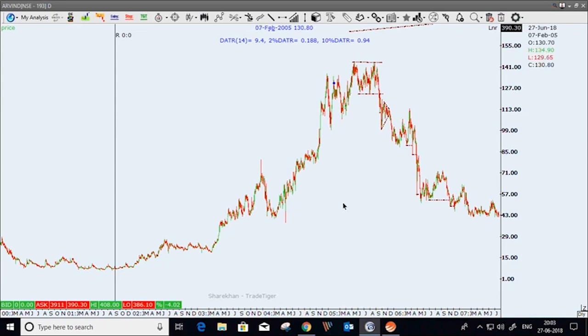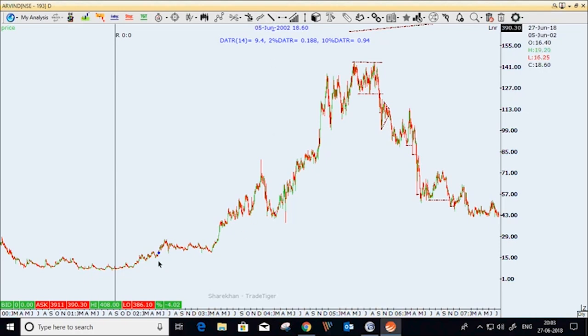It is very easy. One thing you need to do: if price is moving up, start from the bottom and mark all the resistances, because demand MIPs will be found by marking the resistances. Each and every resistance you see in the chart, go ahead and mark it, and that will help you find the MIPs.